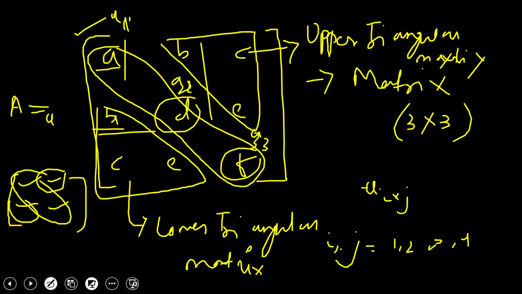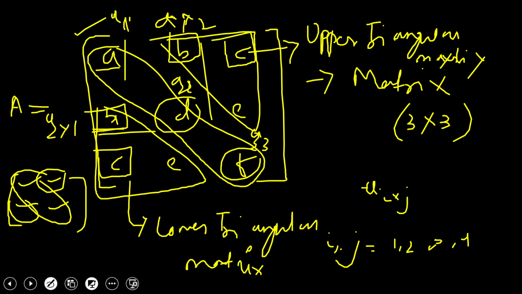It is called A2 by 1, it is A1 by 2. Just changing the positions, your element is same, and here also it is same. C and C, the elements are also same here.